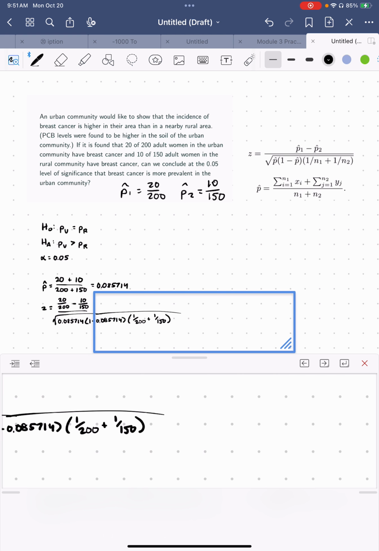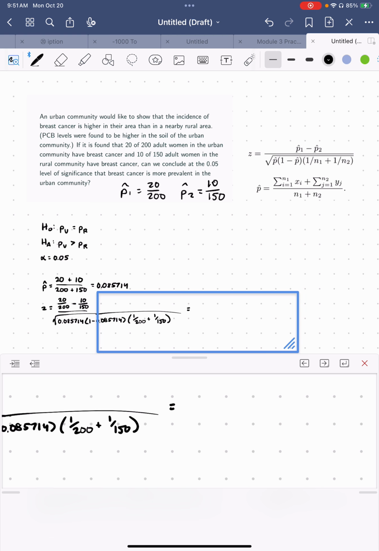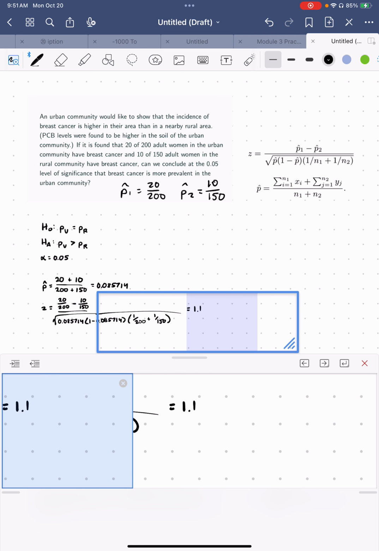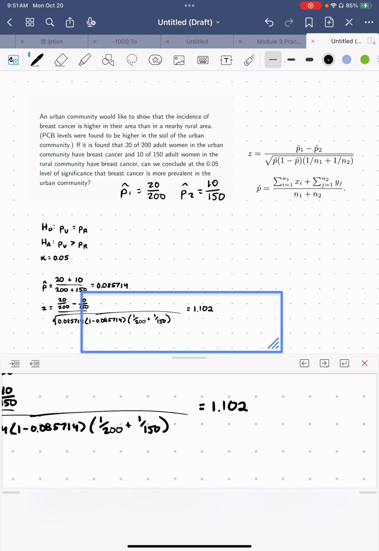And if we solve that, we should get the value 1.102, and so that's our z value.